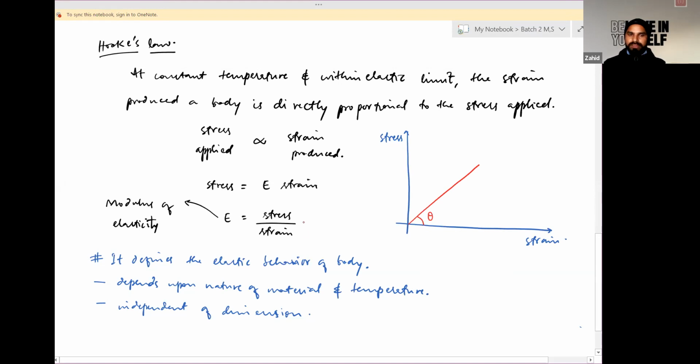So according to this relation, the slope of the stress strain curve will define modulus of elasticity, which means E equals tan theta. Is it clear?